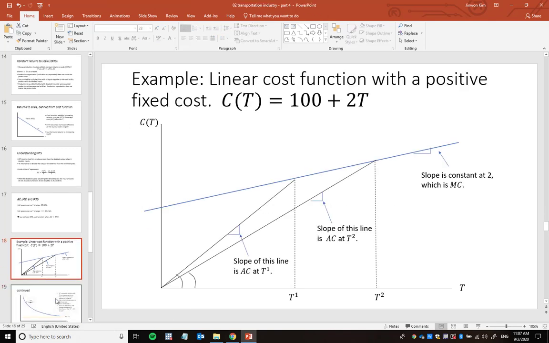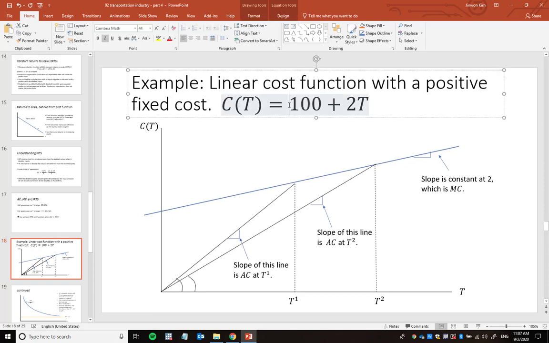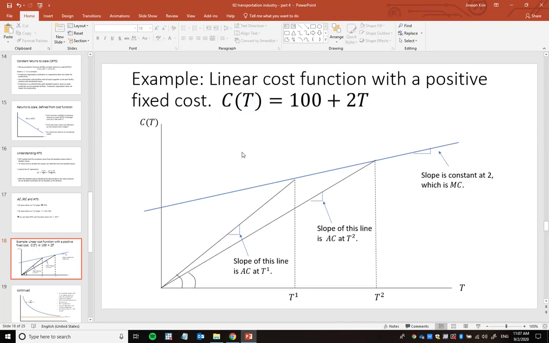Okay, let's look at this example here. Can you see that average cost curve? This is the cost function with an intercept of 100 and a slope of 2. So as t goes up by 1, cost goes up by 2. The marginal cost is actually 2 because the slope is constant at 2. But as you can see, average cost is the slope of this connecting line here, which is actually larger than marginal cost.